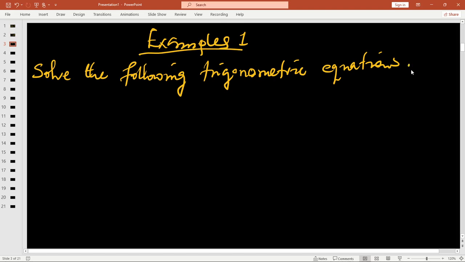Solve the following trigonometric equations. So A here, we have 5 sine theta plus 3 equal to 0.